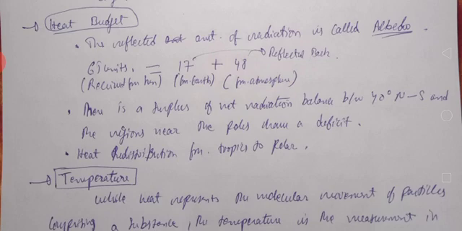65 units are received from the sun, which is equal to 17 from earth and 48 from atmosphere, which are reflected back, and the left out 35 out of 100, which is not mentioned here. The 35 units are reflected back by the clouds present in the atmosphere and through various gases present in the atmosphere without reaching the earth's surface, and they are reflected back to the space.